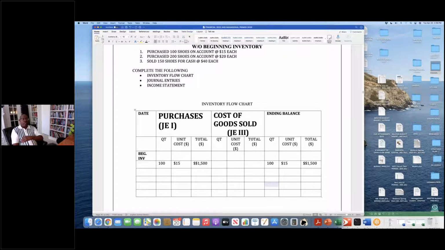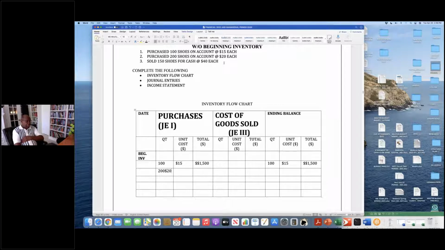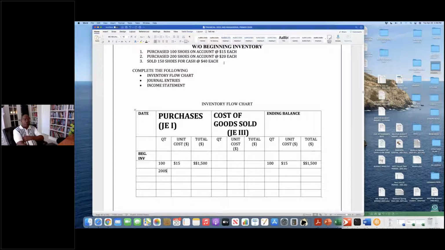Then we bought 200 pairs of shoes. They cost $20 each. And so what's our total cost here? 4,000.